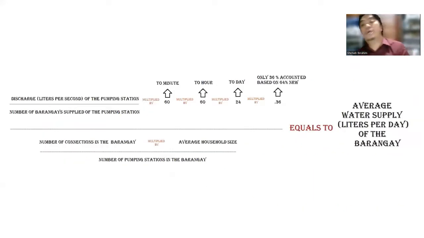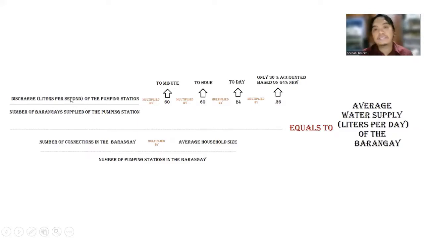Now, how did we come up with the average water supply, or the liters per day, of the barangay? So this is the formula that we have formulated. In the numerator, we have the discharge, or liters per second, of the pumping station over the number of barangays supplied by the pumping station.